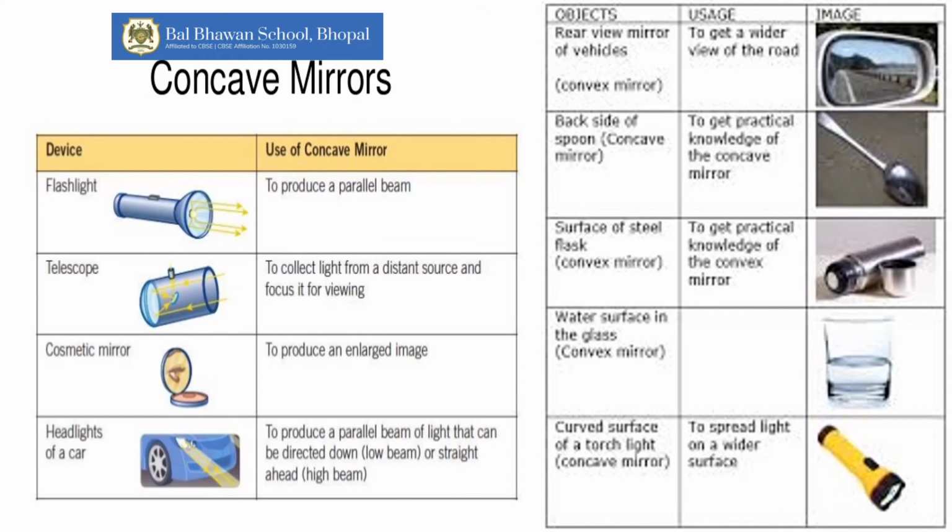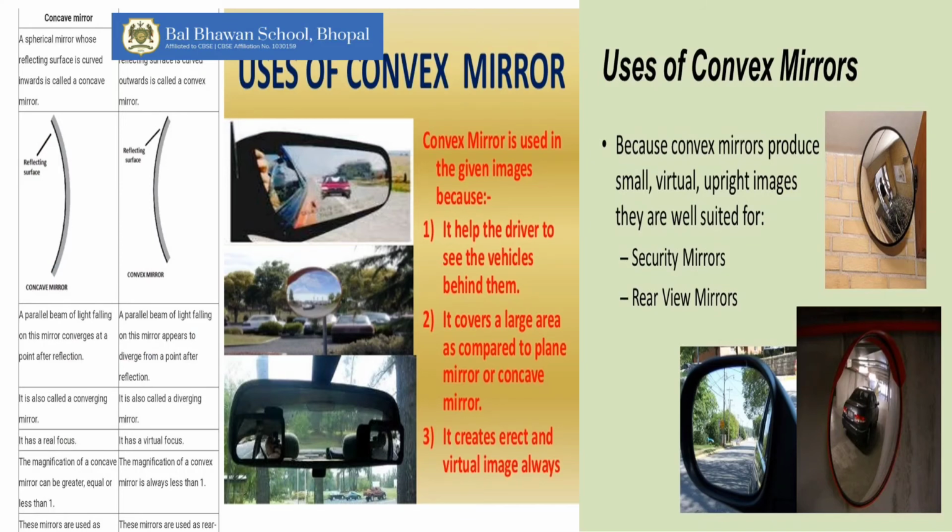Now let us quickly discuss the uses of convex mirrors, and at the same time compare concave with convex mirrors. First of all, uses of convex mirrors. They help the driver to see the vehicles behind them as they cover a large area as compared to plane mirrors or concave mirrors. Convex mirrors produce erect and virtual images, and they are also used as security mirrors and rear view mirrors.